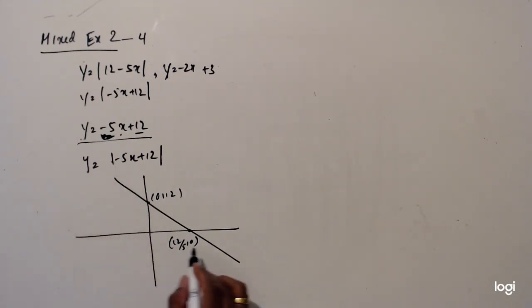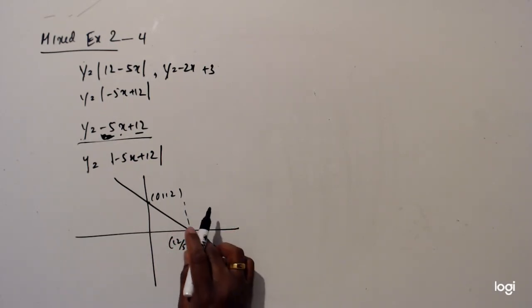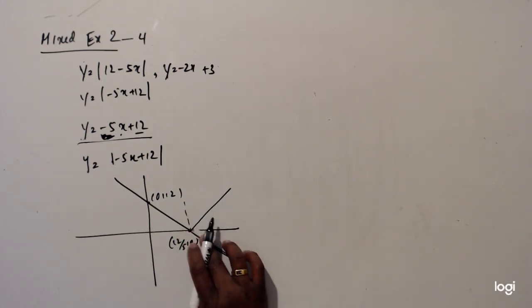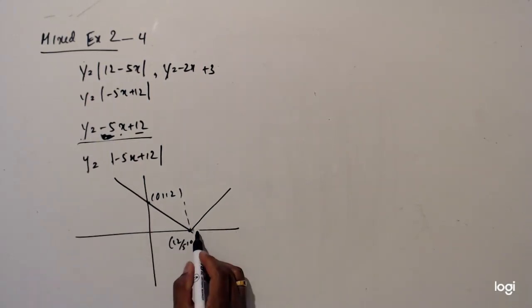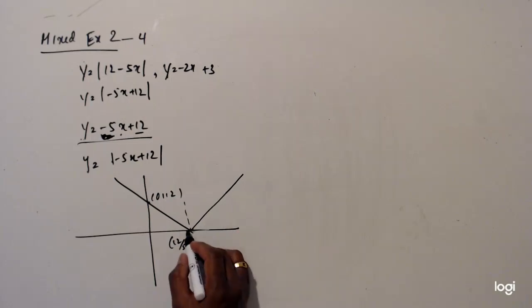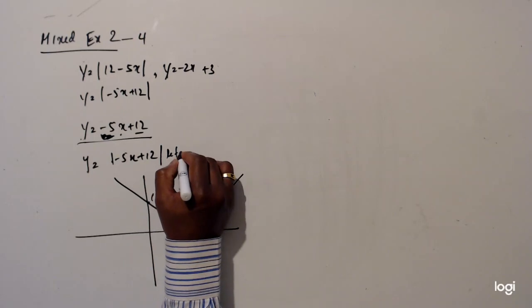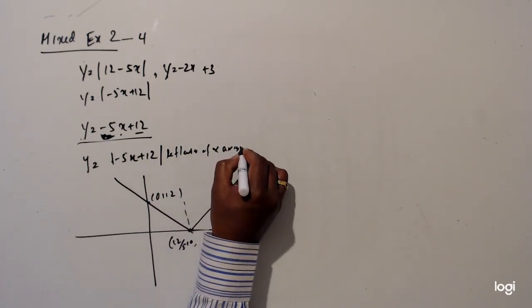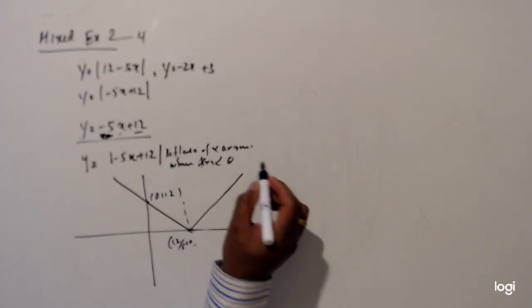And when it comes to mod, it's going to be a translation on x-axis of this part. Sorry, this is not a translation, this is a reflection in the x-axis where f(x) is less than 0.